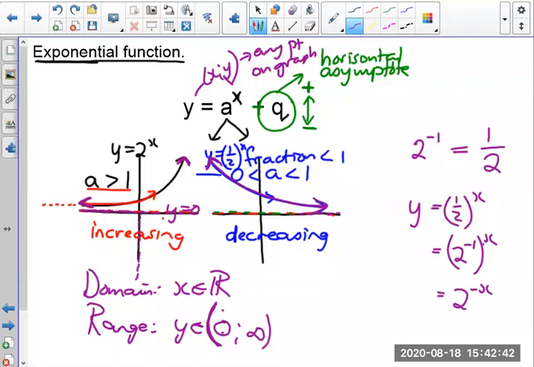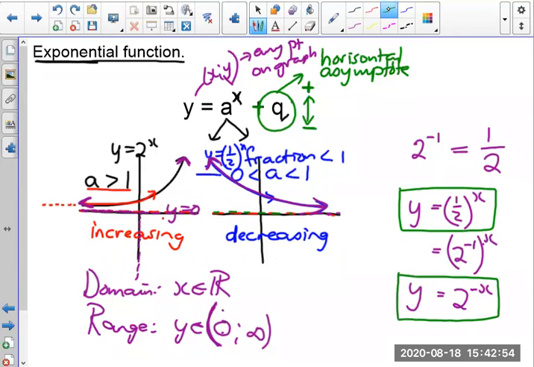So what I want to say is, if you see y equals a half to the x, or if you see 2 to the minus x, you must understand it's the same equation. A half to the x or 2 to the minus x is the graph of this decreasing one. So don't let that catch you. It's the same graph.